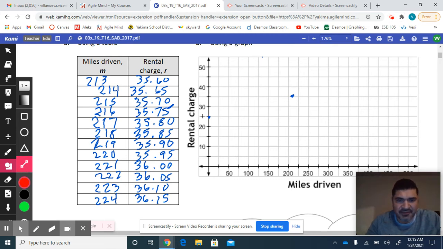Okay, so I have my line tool. I'm going to place a dot here. And I'm going to extend it all the way out this way, but I need to make sure that it hits that second line there. And there we go. We just made the graph.